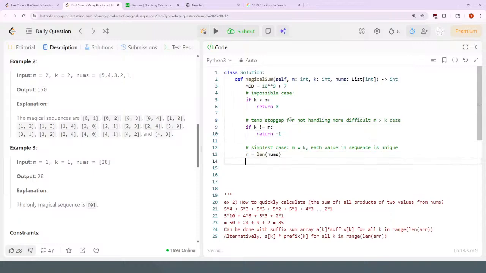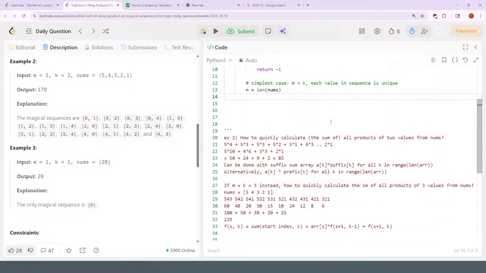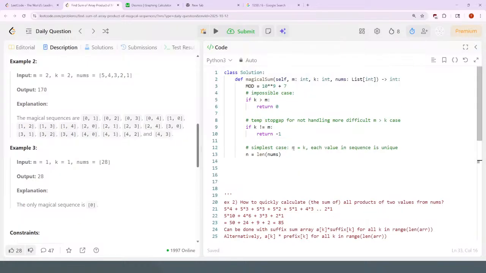Okay, so I think I just need to make a subfunction here, or helper function.